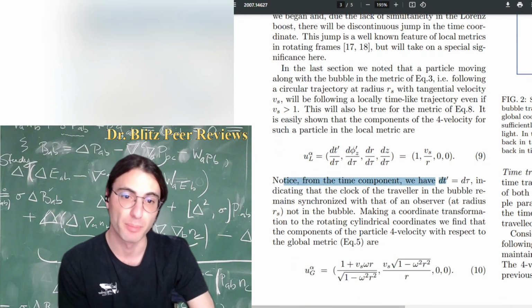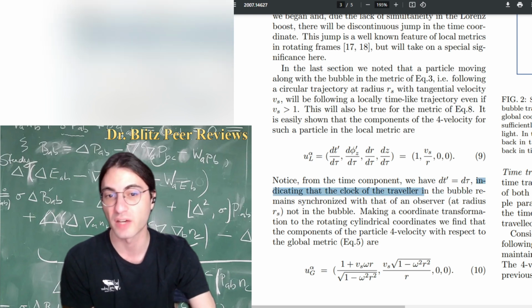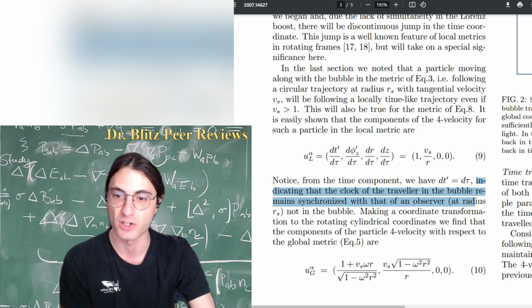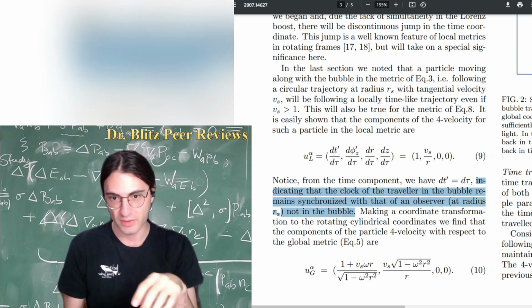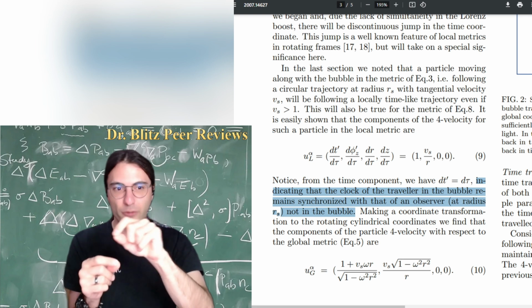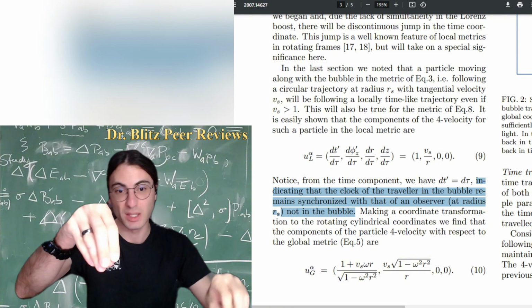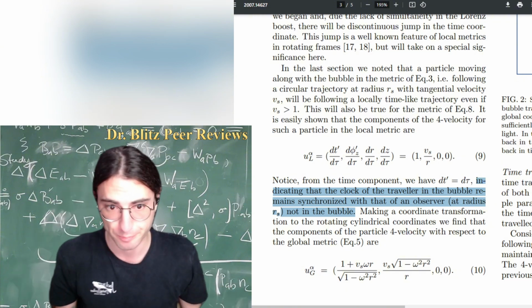Notice from the time component, we have dt prime equals d tau, indicating that the clock of the time traveler in the bubble remains synchronized with that of an observer at radius r sub s, not in the bubble. So the point is that the clock of the person on the rotating platform and the clock of the person in the warp bubble remain synced up. So there's no time dilation or weird stuff happening.